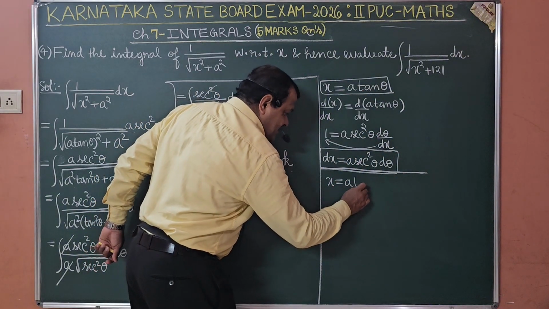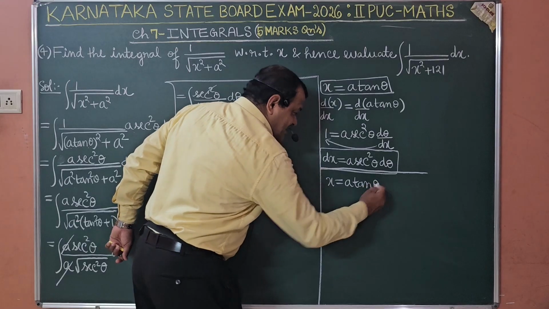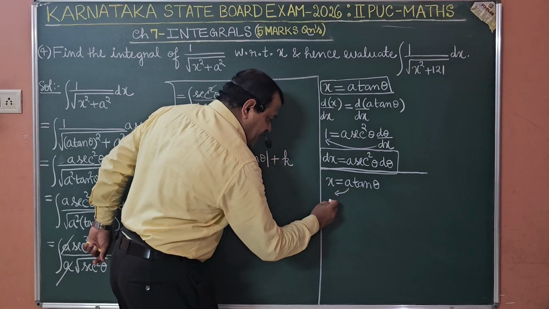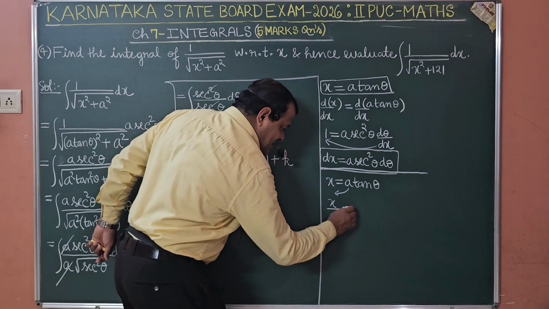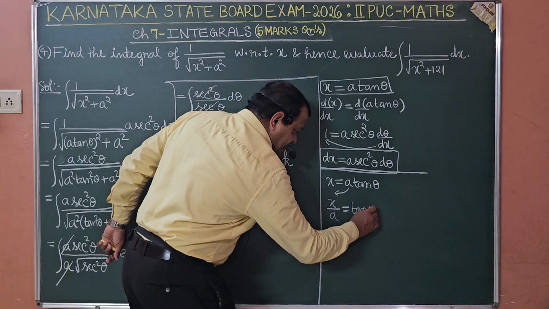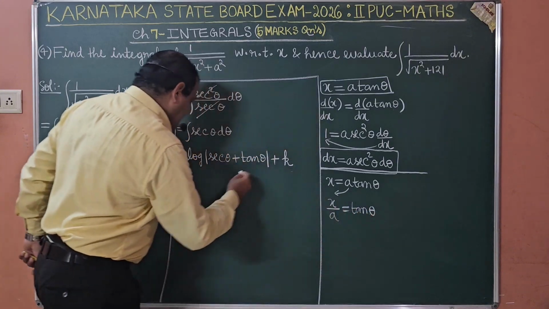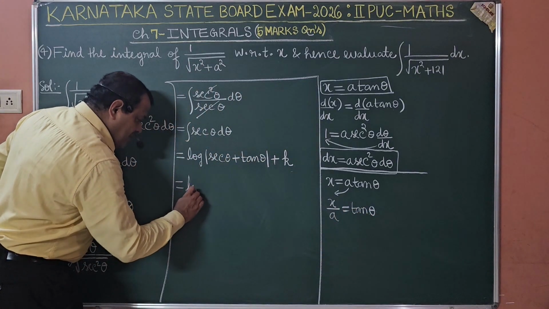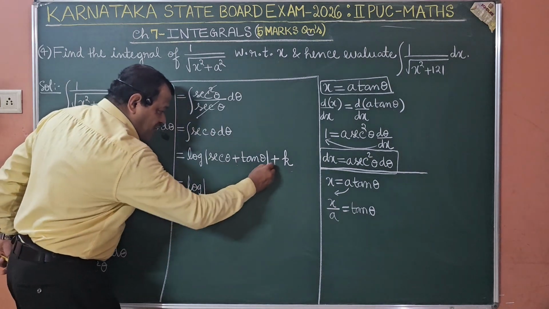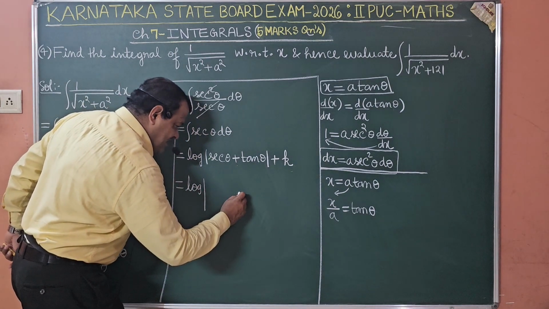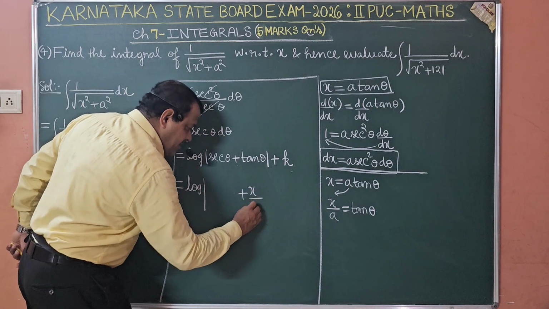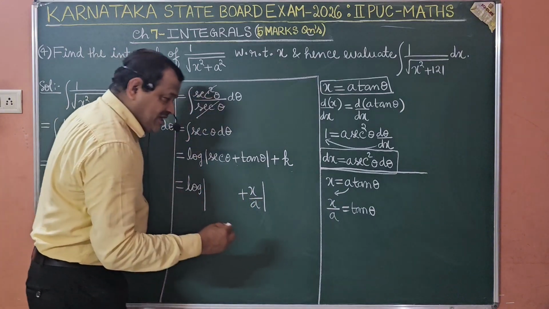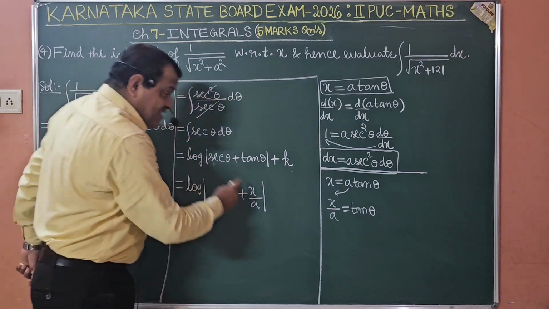What we have is x equal to a tan theta, therefore transposing a, are you getting x by a equal to tan theta? This we need. In the place of tan theta I will put x by a. That is fine. But I should put something in place of secant theta.